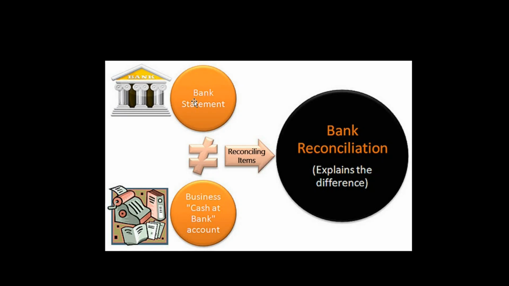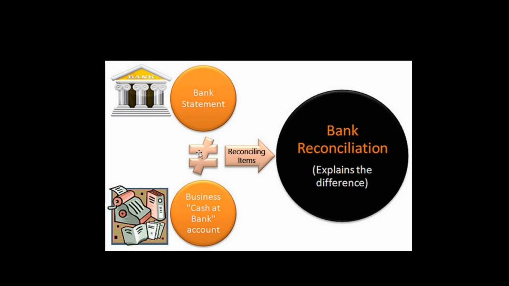there is what we call mga reconciling items. So, ibig sabihin, posible yung merong error, posible yung merong timing difference sa pag-record, or posible na may mga credit yung bangko na hindi alam ng entity, or baka merong dinebit ang bangko na hindi alam ang entity.